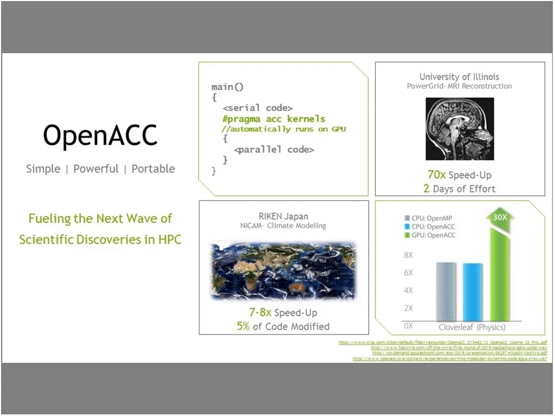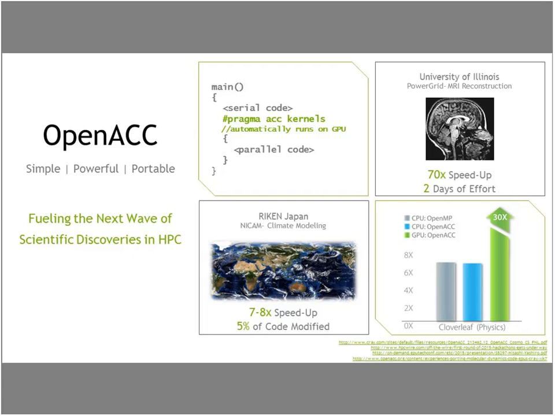Next, while it's simple, it's still very powerful. You can still get a lot of performance improvement from using OpenACC and running on the GPUs. We've highlighted two different codes here. The first one on the top right is a code that came to one of our GPU hackathons, I believe about a year ago, and they did MRI reconstructions. They had a lot of images that they needed to process in parallel. They came in with a code that was completely sequential.